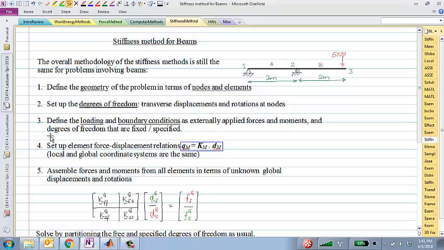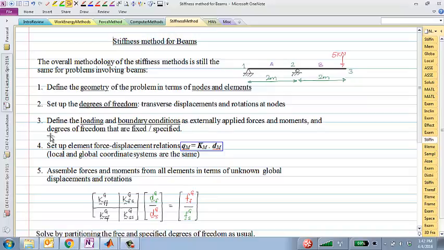So if this is node I, this is node J, think back to your truss force displacement relationship: node I, node J, element M. If there is a displacement at I, what would be the forces and moments required at the two ends to do that? If there is a rotation at I, what would be the forces and moments needed? Similarly, at J, displacement and rotation, what would be the forces and moments needed to get those displacements?